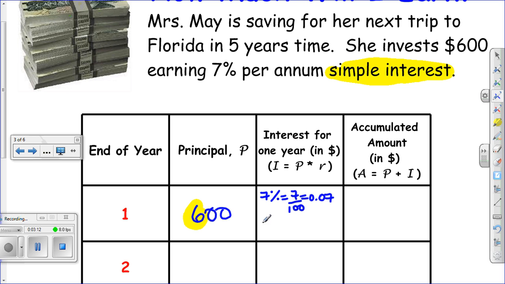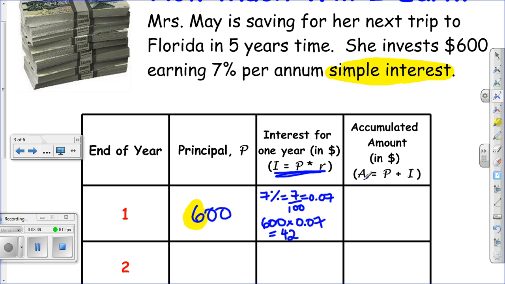So here it's going to be 600 times 0.07, and this is your standard formula for interest just for the year. It's just your principal times R, which in this case stands for rate, and that's going to give us 42. So in the first year, she earned $42 on her $600 investment.